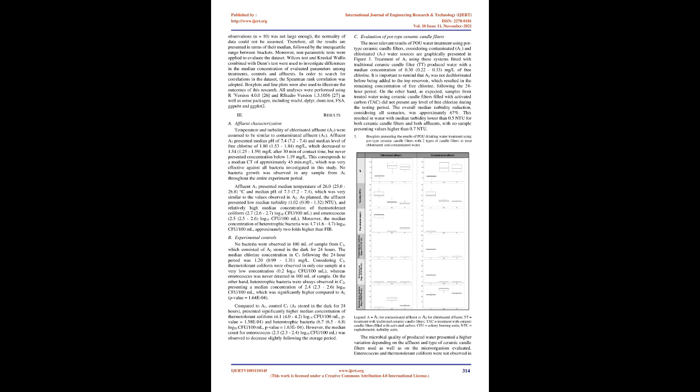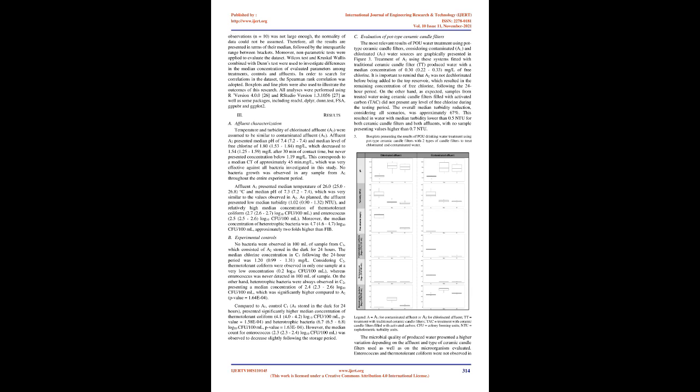As planned, the effluent presented low median turbidity, 1.02, 0.90 to 1.32 NTU, and relatively high median concentration of thermotolerant coliform, 2.7, 2.6 to 2.7 log 10 CFU/100 ml, and enterococcus, 2.5, 2.5 to 2.6 log 10 CFU/100 ml. Moreover, the median concentration of heterotrophic bacteria was 4.7, 4.6 to 4.7 log 10 CFU/100 ml, approximately 2 folds higher than the FIB.